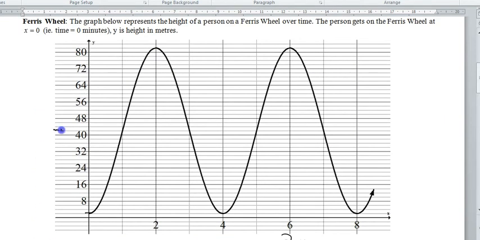So that's at 42, so we're just going to sketch a line along here. And over here I'm just going to write D equals 42.